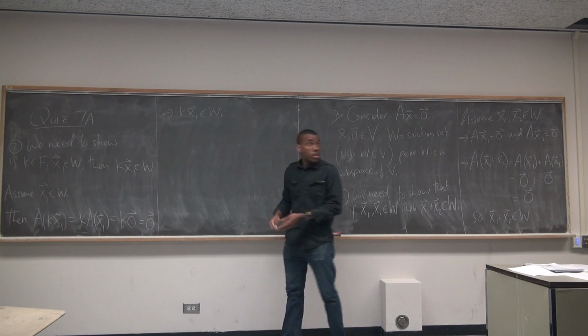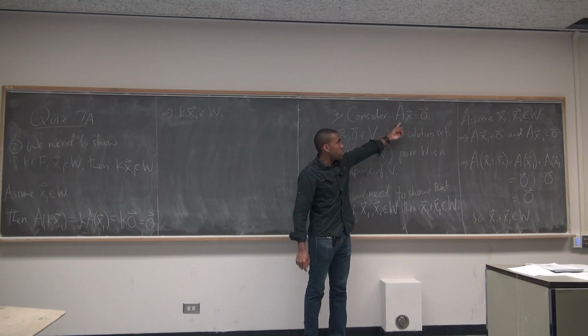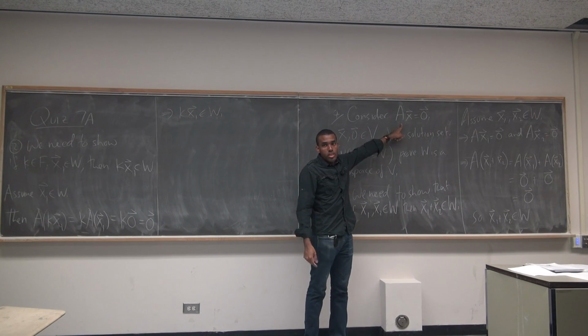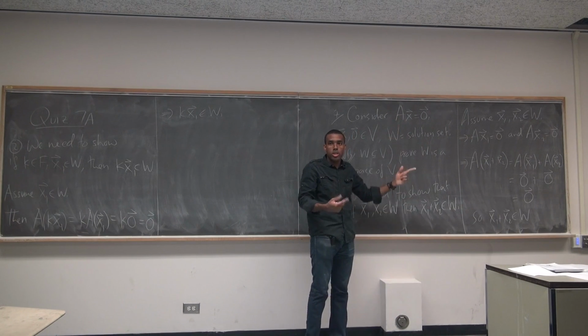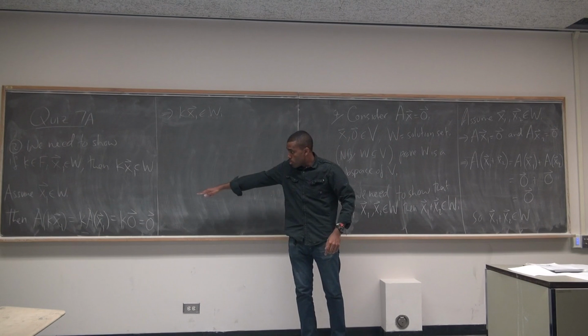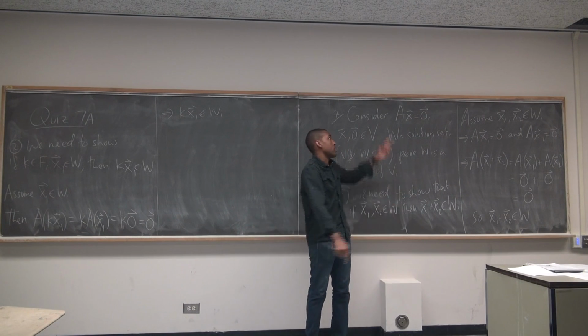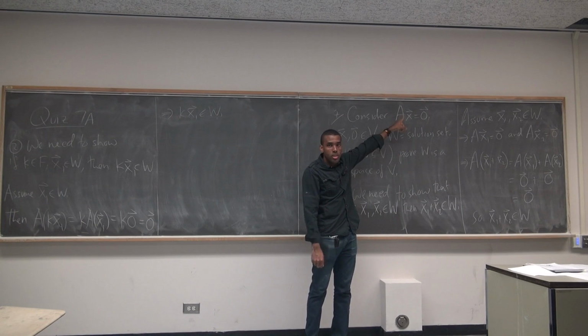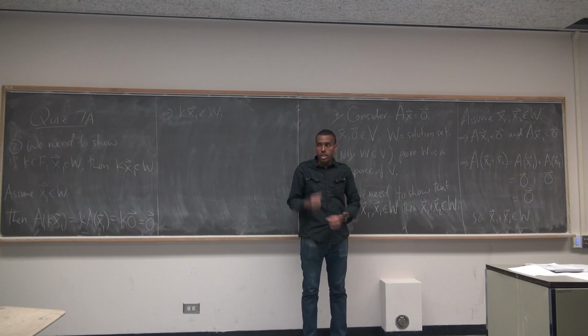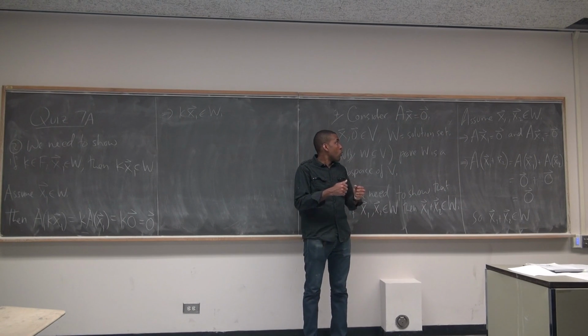So here, to be in W means you need to solve this equation. So if I want to see if the sum is in the vector space, I need to check, does the sum solve the equation? If I want to check if the scalar multiplication is in the vector space, I have to check, does that solve the equation? Because being in W means solving that equation. So a lot of times you'll be able to tell what you need to prove.